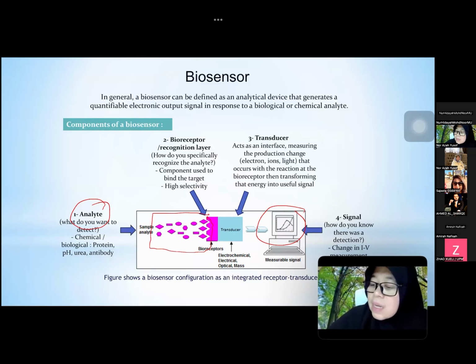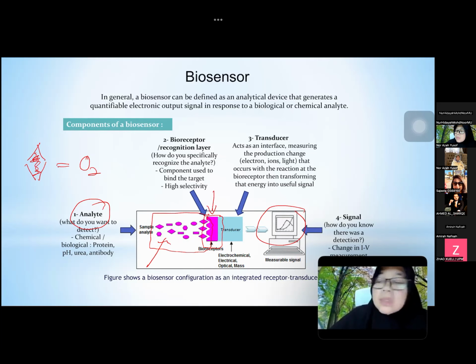Let's say the diamond shape here is oxygen in the blood, and it is interacting with the receptor. You can see that only the diamond shape is interacting with the receptor. So the receptor interacting with the oxygen in the blood, which is the analyte, will give some signal changes.